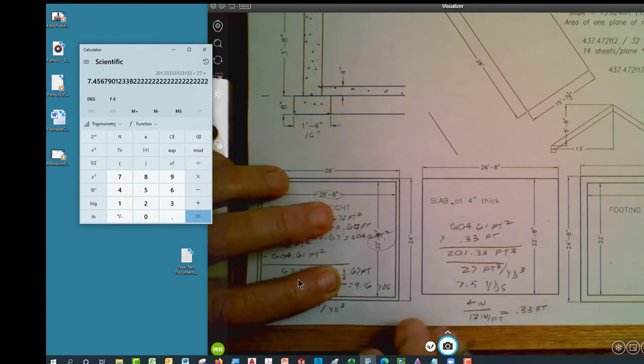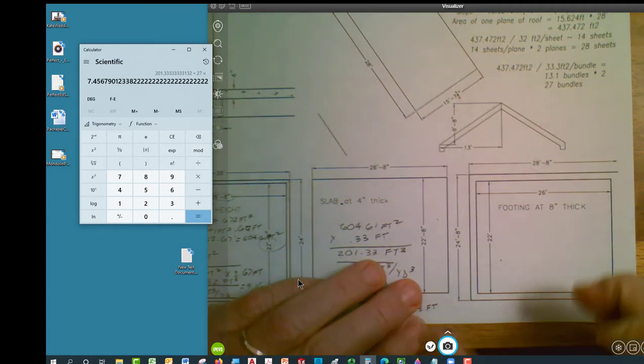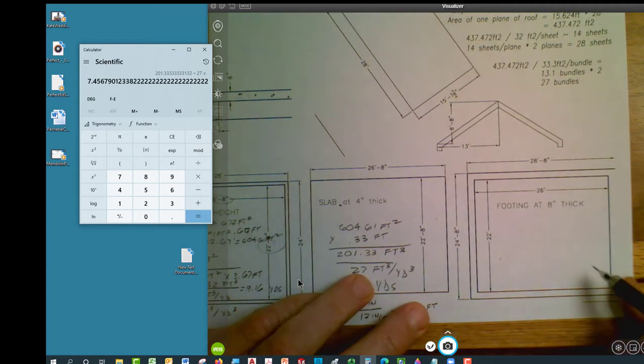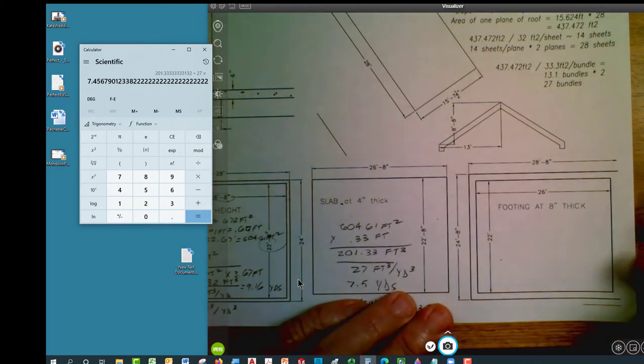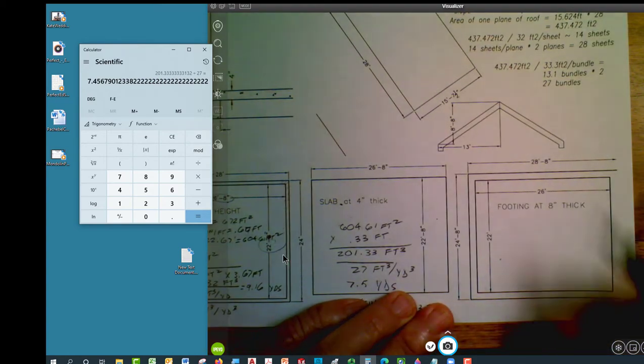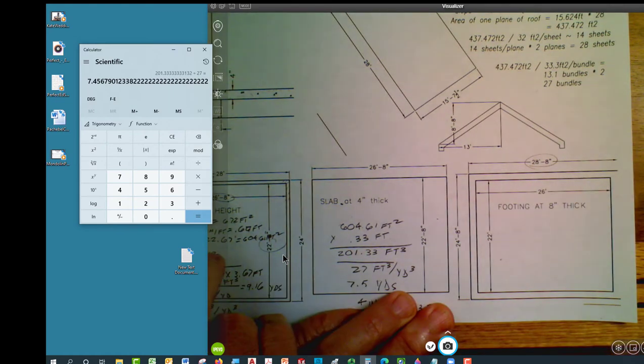Now we have to go and get the footing. Do the footing the same way we did the wall. First you have to determine what the outside area is. Now we've already done that for the wall, but now we have to do it for the footing. That's the overall width of the footing, because the footing is wider than 28.